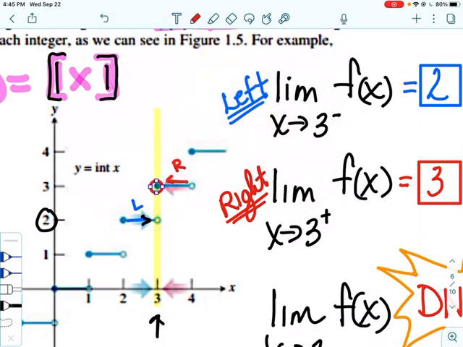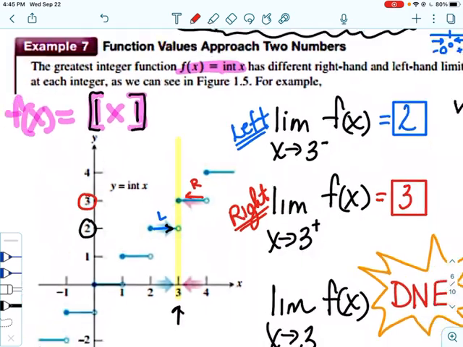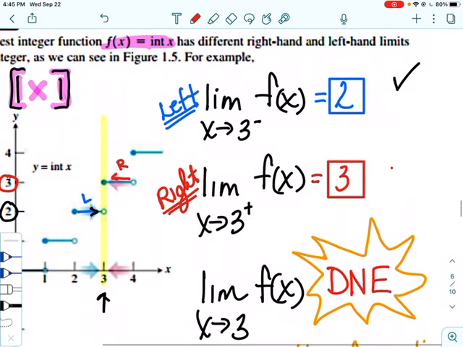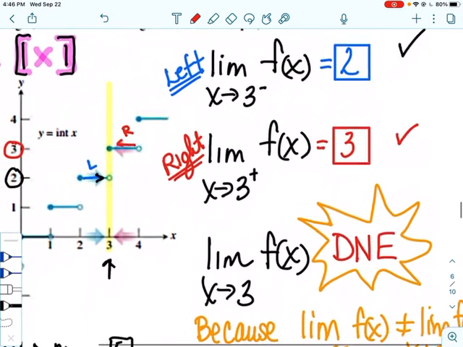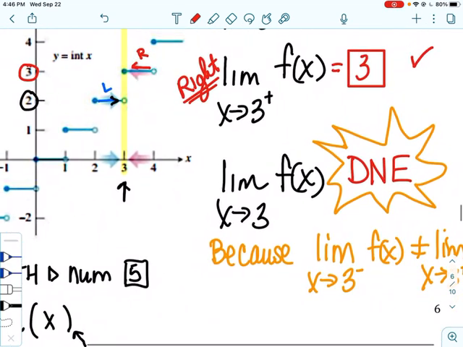It's 3. Now remember, it doesn't matter if there's a point there or not. In this case, from the left, you don't have a point, and it looks like there's a hole at the coordinate 3, 2. So because the limit from the left is 2, and get the notation down, and from the right, the limit as x approaches 3 is 3, the limit does not exist if you consider the limit as x approaches 3.